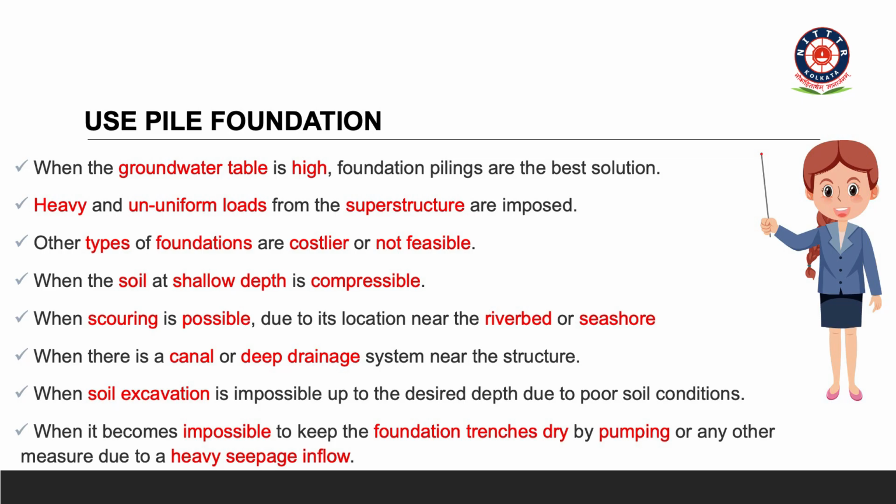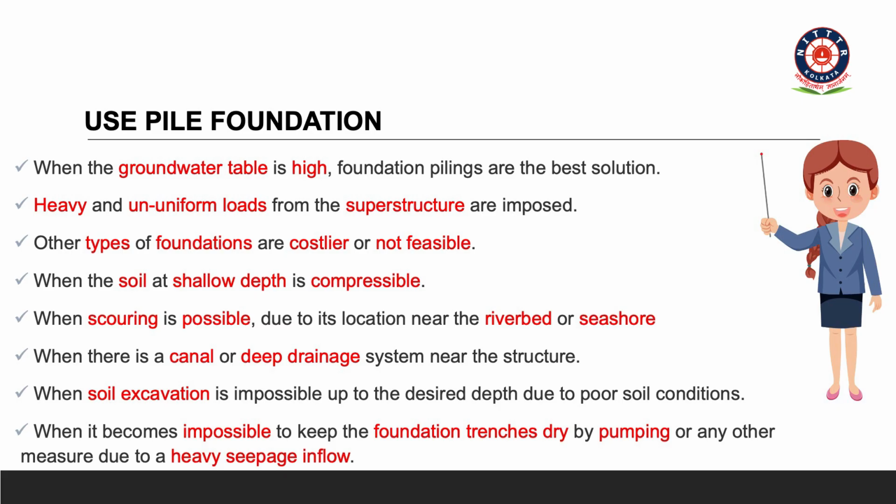And when the soil at shallow depth is compressible, in slide number 2 I already showed you that the soil is very weak. In that condition you can go for a deeper depth. Also where there is a river bed or seashore, scouring will come into the picture, so in that condition you have to design the pile foundation.